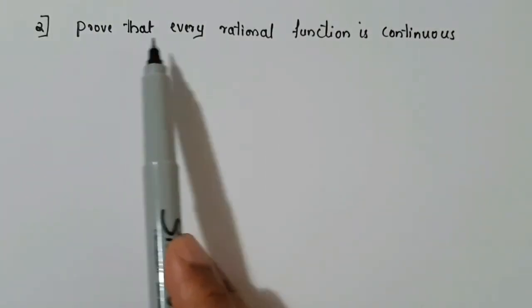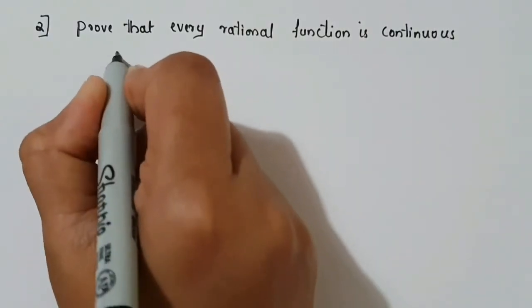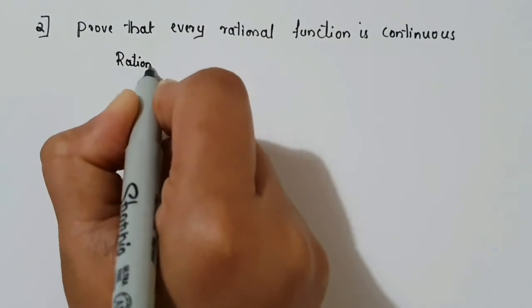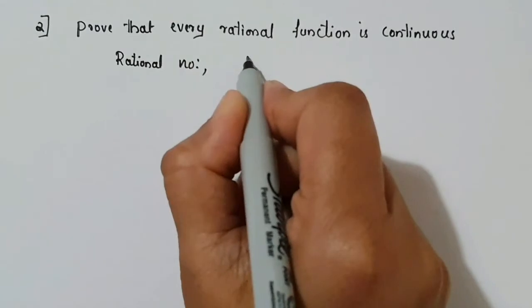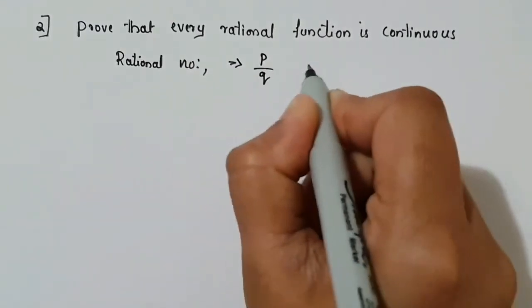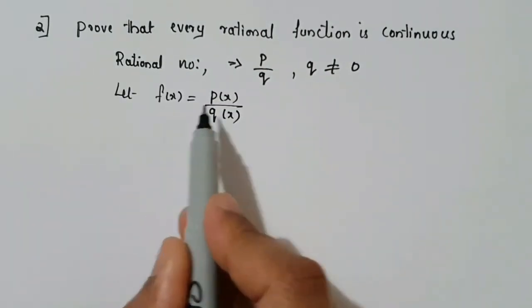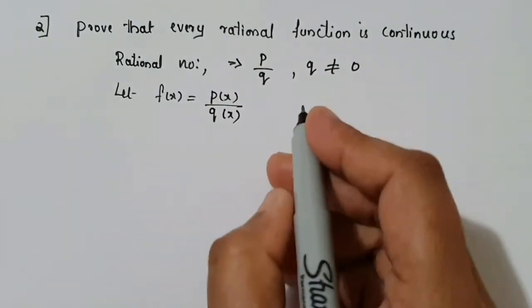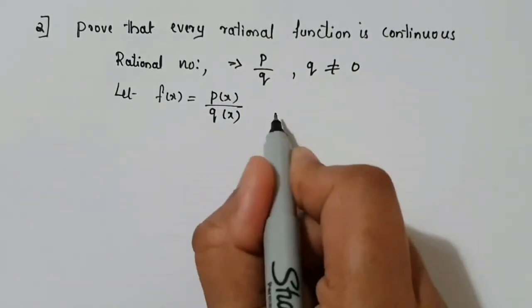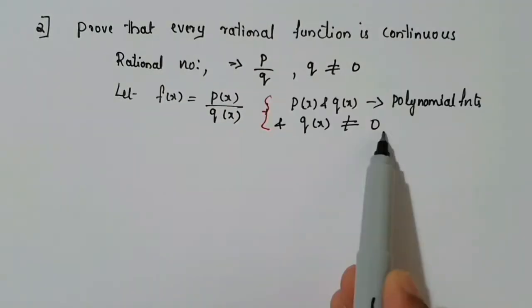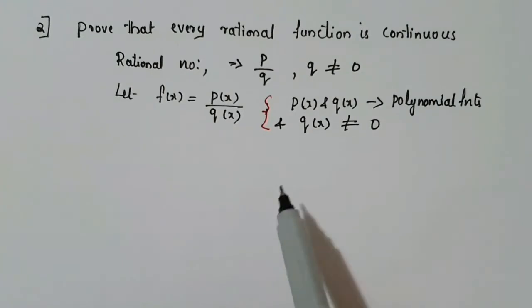Example 2. Prove that every rational number is continuous. We know every rational number is of the form p by q, where q is not equal to 0. Let f of x equal p of x by q of x, where p of x and q of x both are polynomial functions and q of x is not equal to 0. We know every polynomial function is continuous.